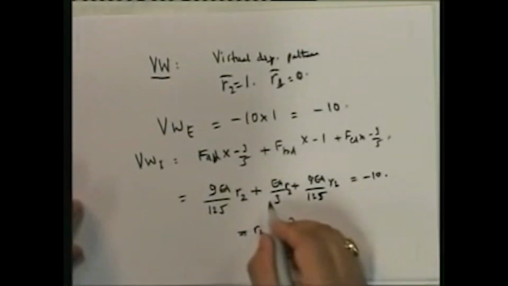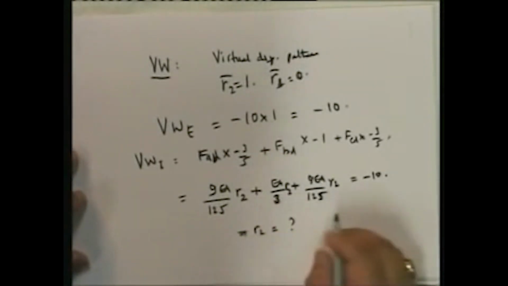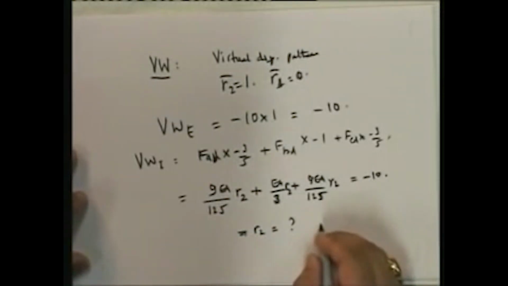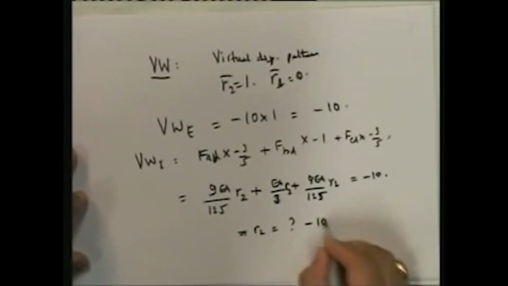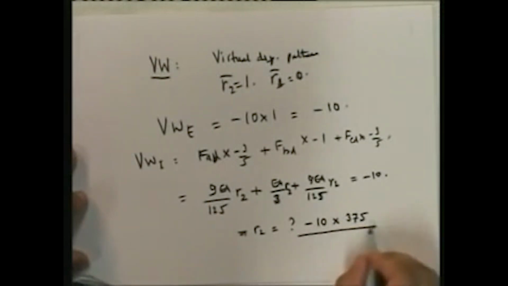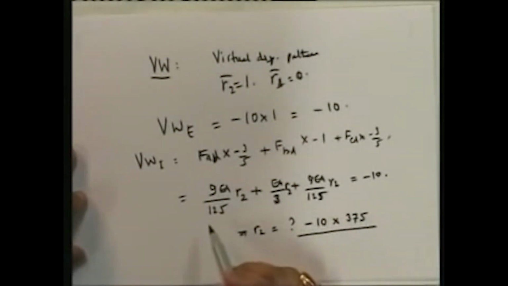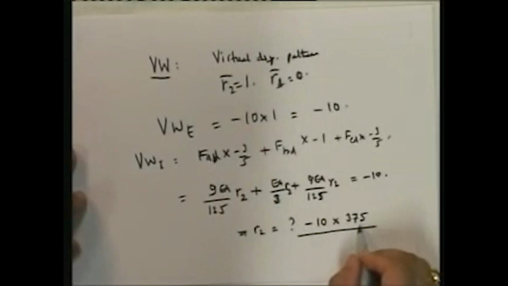And what is R2 going to be equal to? Let us take stock of that. This is going to be equal to minus 10 multiplied by 375. 125 into 3, 375.